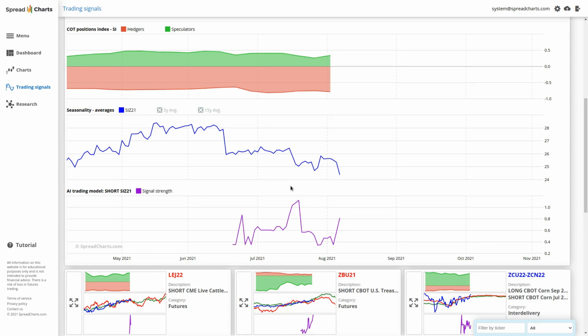I would say most of you are wondering what the signal truly is and how it is calculated. Well, you are probably familiar with the seasonal signals. They are quite widespread in many platforms and apps. Even we used to have them in the Spreadcharts app.